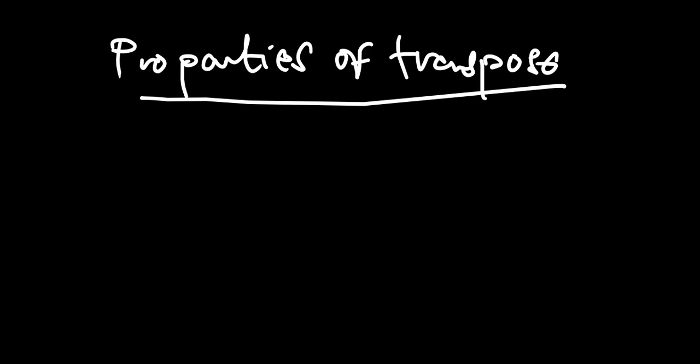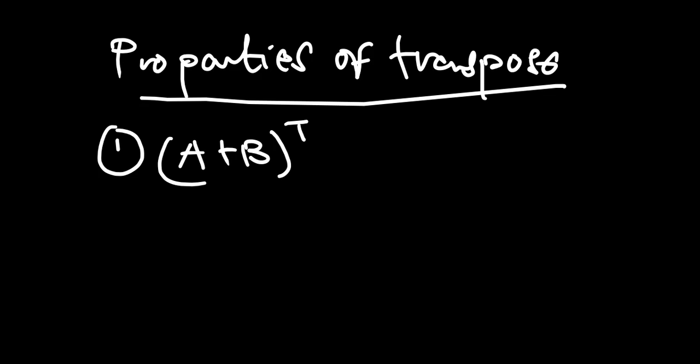So the first one is that if you have the transpose of A plus B in the brackets like that, this here is the same as you get the transpose of A and then you add it to the transpose of B. So A plus B transpose is the same as A transpose plus B transpose.